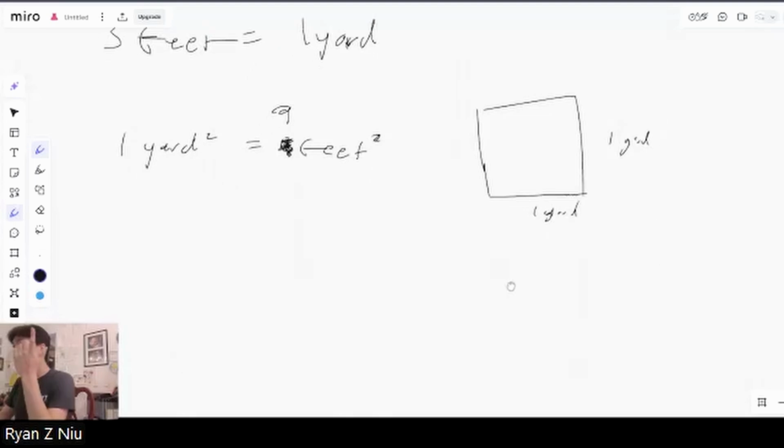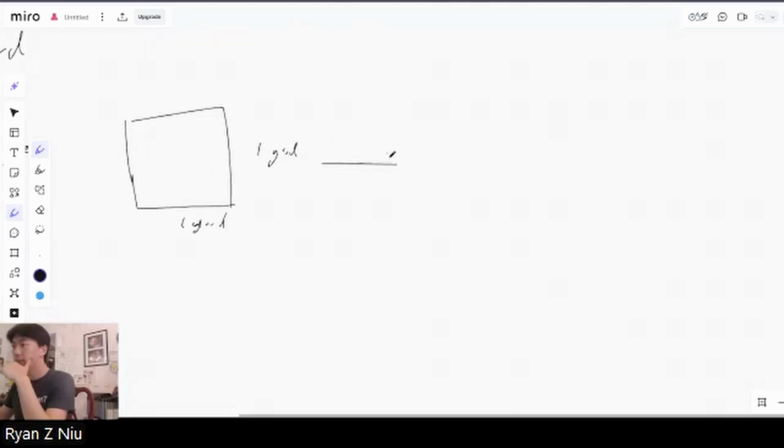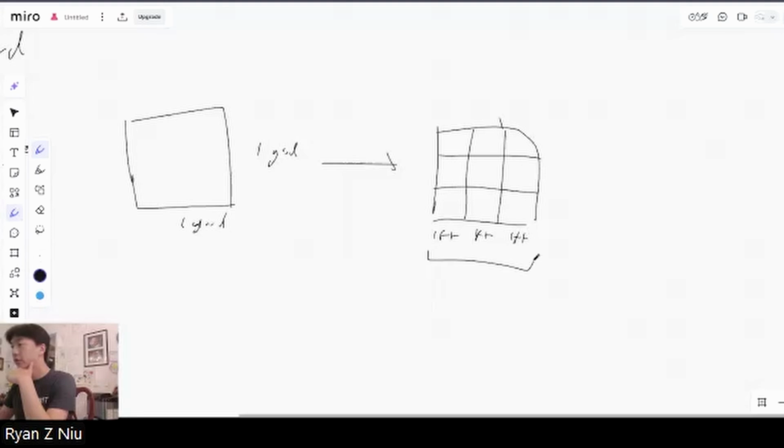And the reason for that is, if we change this, essentially what we have along the sides is 1 foot, 1 foot, 1 foot, and then these 3 feet make up 1 yard. And on the same side, it's the exact same thing. So we're going to have 1 foot, 1 foot, and 1 foot, and this also makes up 1 yard.